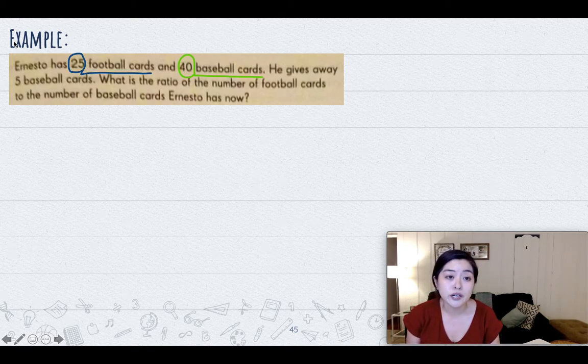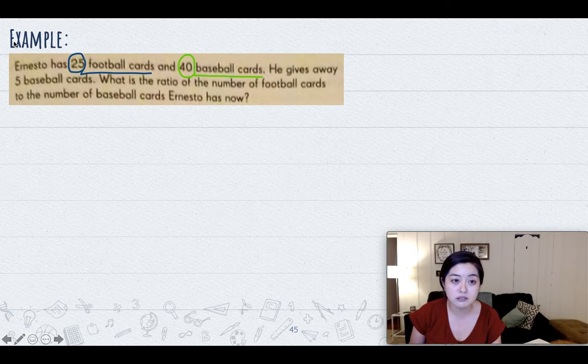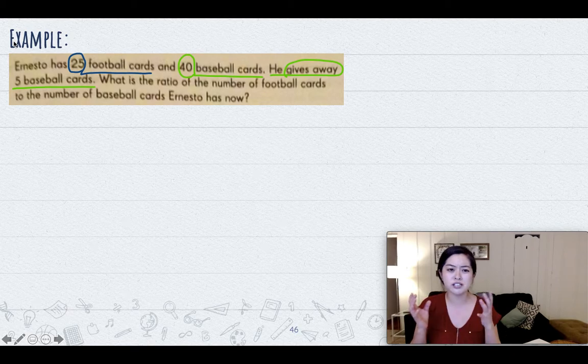So he has 25 football cards and 40 baseball cards, okay? It says he gives away 5 baseball cards. So what changes? The number of football cards or the number of baseball cards? The number of baseball cards changes.